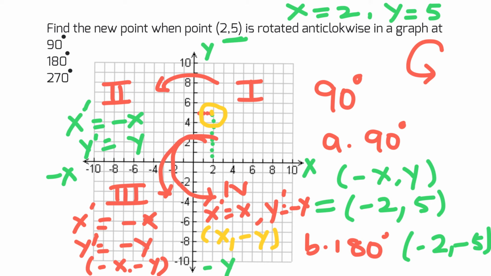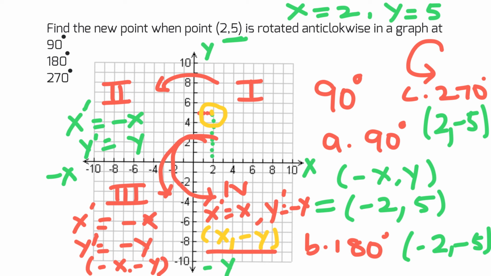Since I am short of space, as you can see, I'll write it here. So C is 270 degree, and since the new point is x and minus y, I'll just substitute the values and I get the answer as 2 and minus 5. I hope this is clear to you. I hope it is clear how to rotate a point anti-clockwise and clockwise in a graph along an axis.